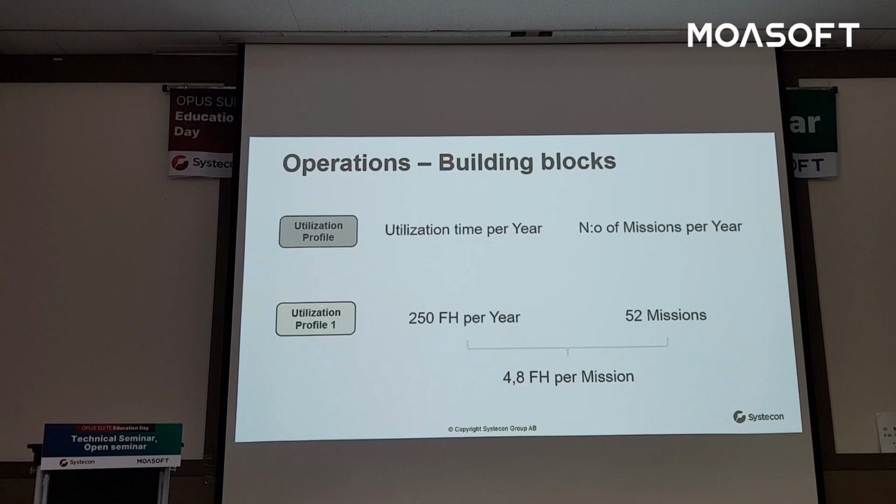Let's say we have a utilization profile saying that we are planning to produce 250 flight hours each year. And here it's split up in 52 missions, which of course means once per week. So on average, this means that we would produce 4.8 flight hours per week, or for each mission. Okay, and this is just the basic description of operations. It can be done in any level of detail, and we can see more of that later as well.